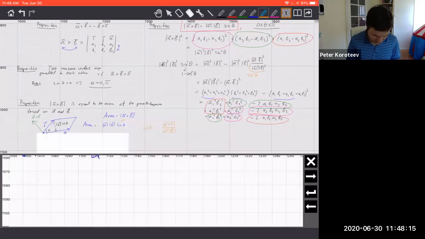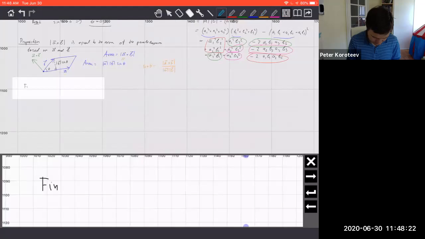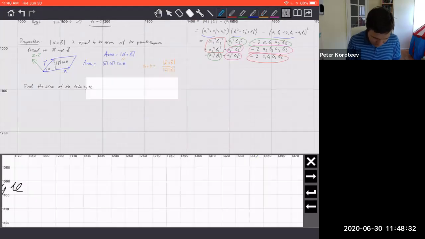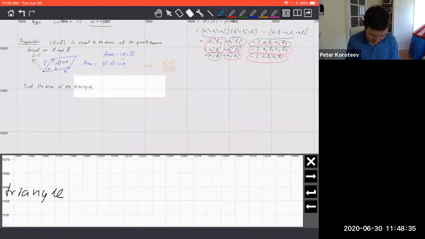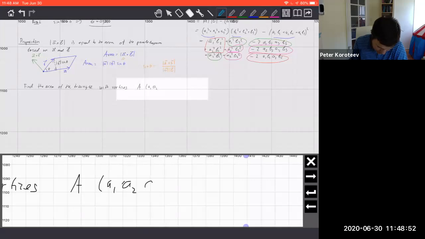Okay, let's do one example to illustrate that. Let's find the area of the triangle with vertices, and let's try to do it for any numbers, any coordinates.